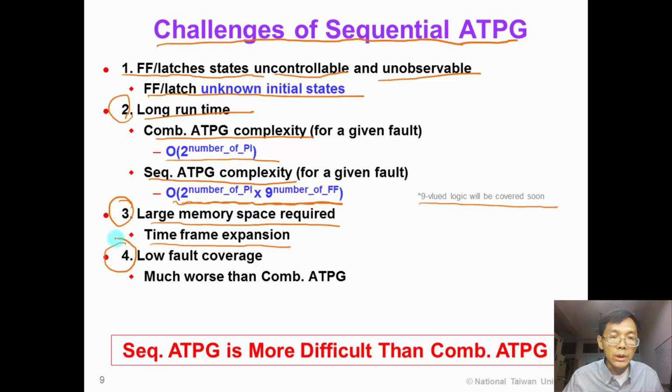And eventually, even if we can generate sequential ATPG patterns, the fault coverage is typically very low. The fault coverage of sequential ATPG is typically much worse than combinational ATPG. In summary, sequential ATPG is a much more difficult problem than combinational ATPG.